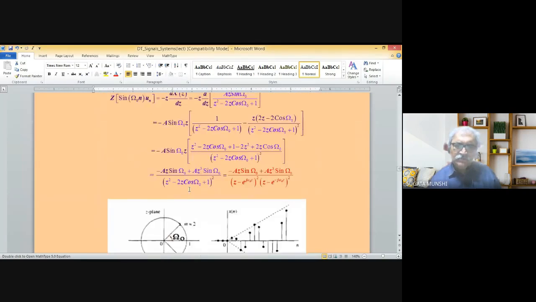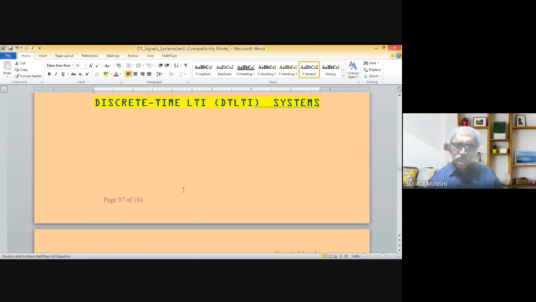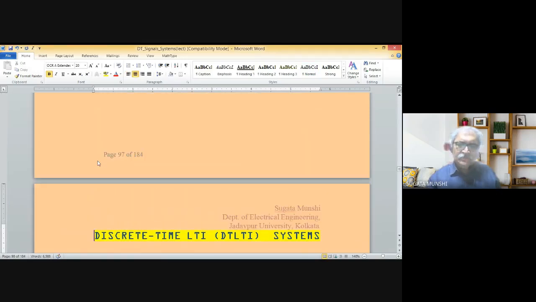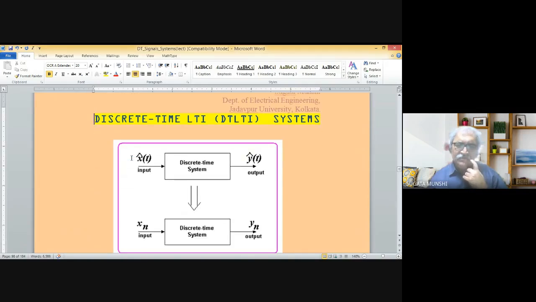Next topic. Now with this knowledge of discrete time signals, I am moving on to discrete time LTI systems. A discrete time system is one which operates on a discrete time signal to generate another discrete time signal according to some well-defined rule.